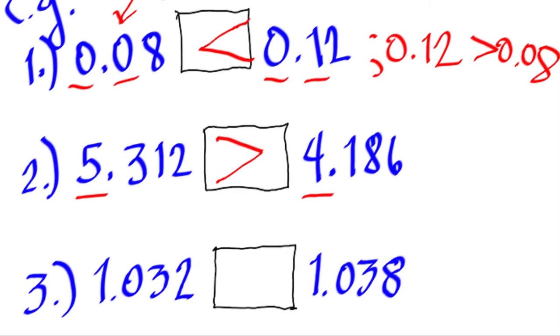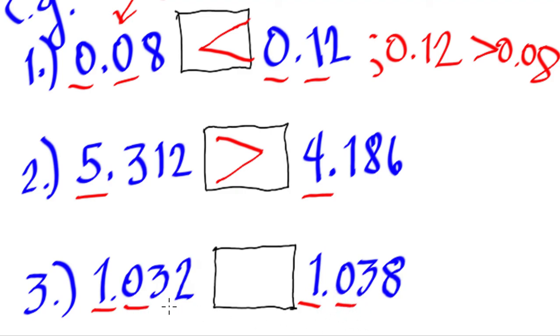For our third example, 1.032 versus 1.038. Which one is bigger? Let's analyze this from the leftmost digit going to the right. In the first digit, the ones digit, both numbers are the same, so we cannot distinguish. On the tenths digit, both of them are 0, so we still cannot distinguish.